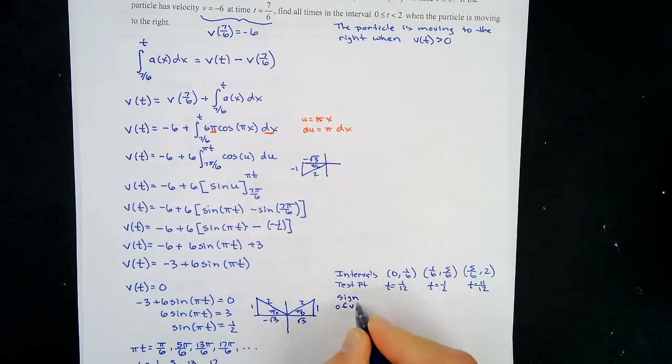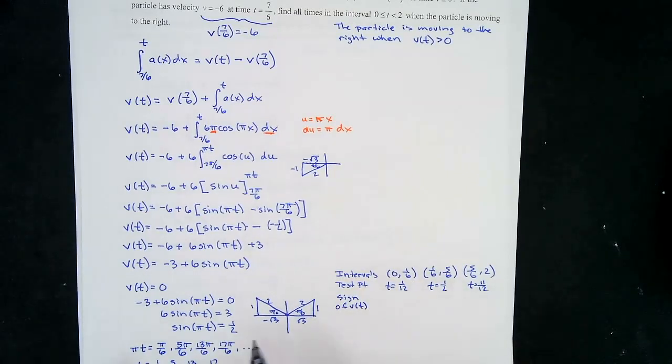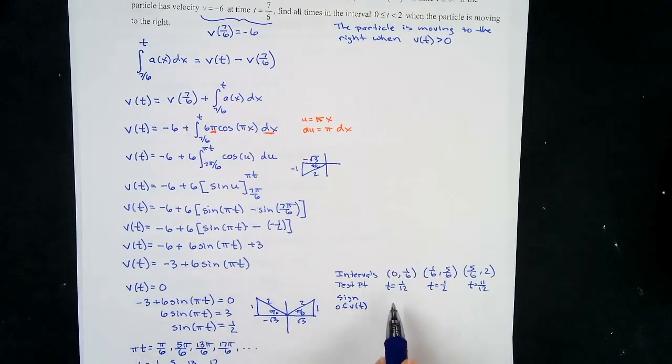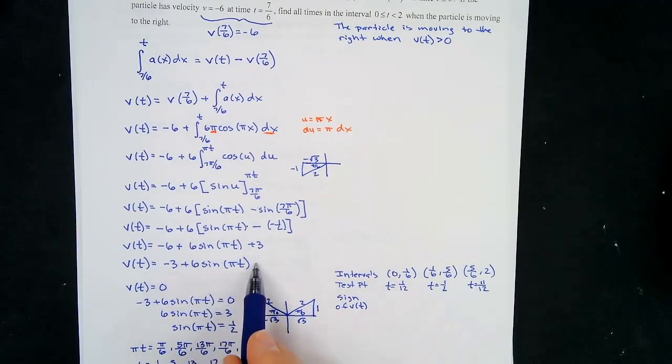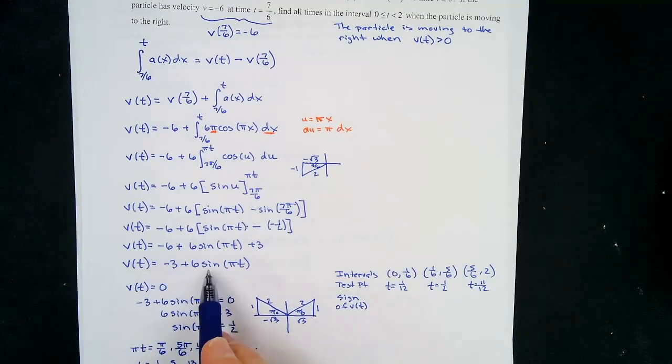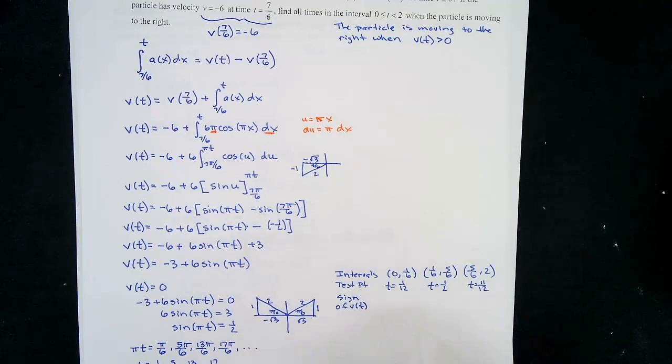of v of t. All right, so if we put 1/12 into our velocity function, that would wind up being sine of pi over 12, which we could put in our calculator.